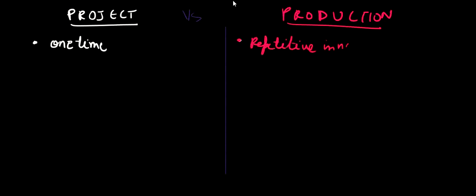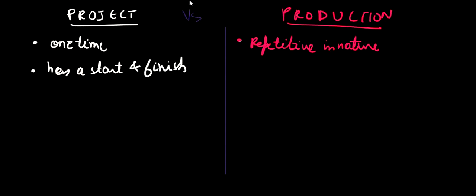A project is a one-time activity with an identifiable start and finish. On the other hand, production is a continuous process, continuous in nature.